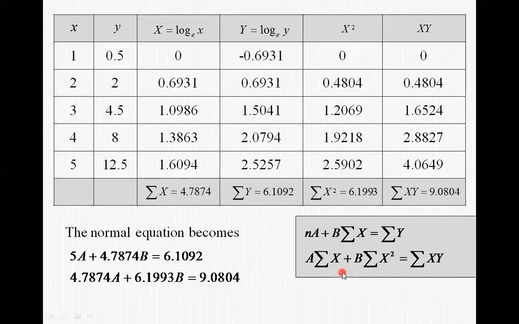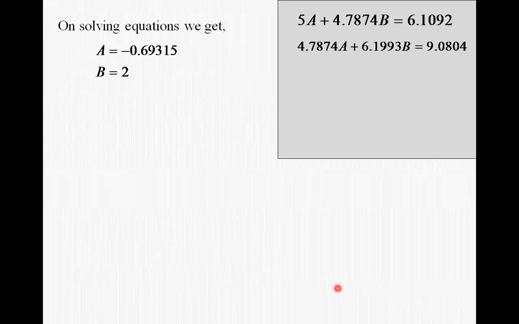A into summation of capital X plus B into summation of X square equals summation of XY, that is, 4.7874 into capital A plus 6.1993 into B equals 9.0804.